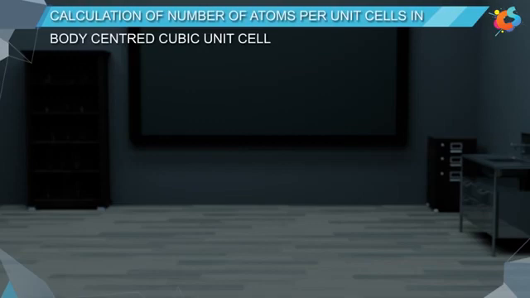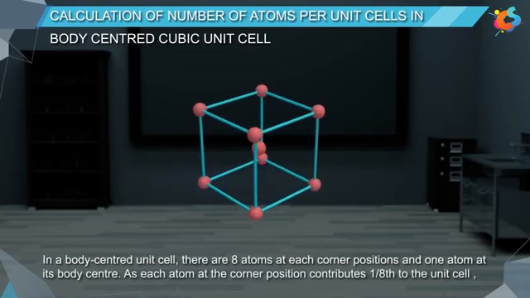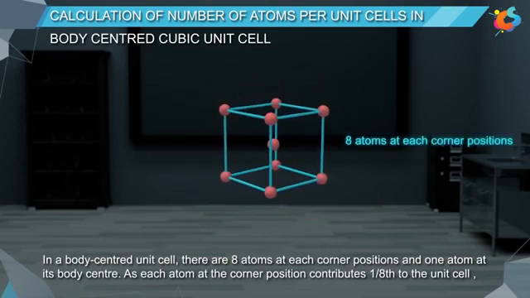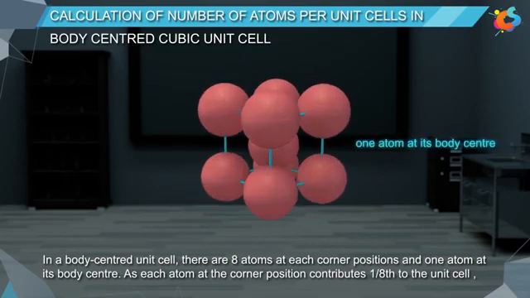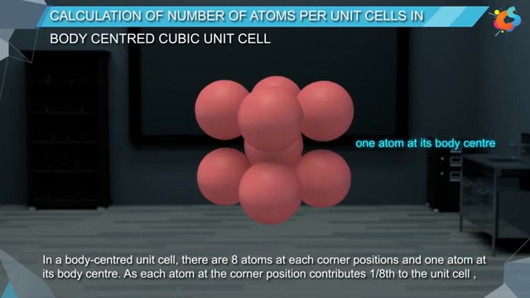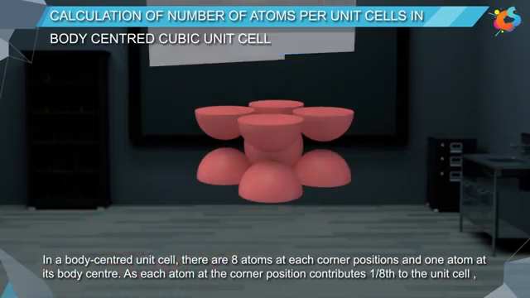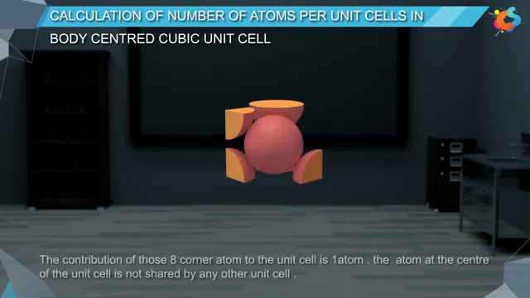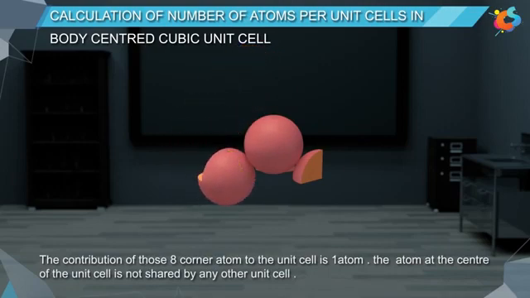Calculation of number of atoms per unit cell in body-centered cubic unit cell. In a body-centered unit cell, there are 8 atoms at the corner positions and 1 atom at its body center. As each atom at the corner position contributes 1/8 to the unit cell, the contribution of those 8 corner atoms to the unit cell is 1 atom.